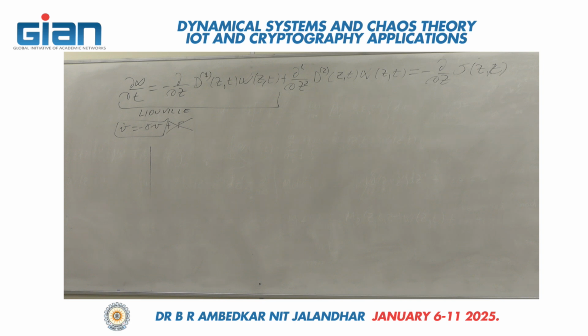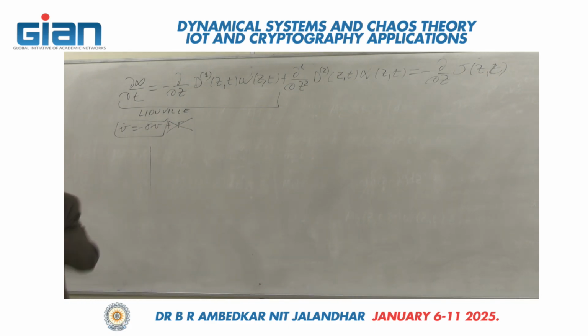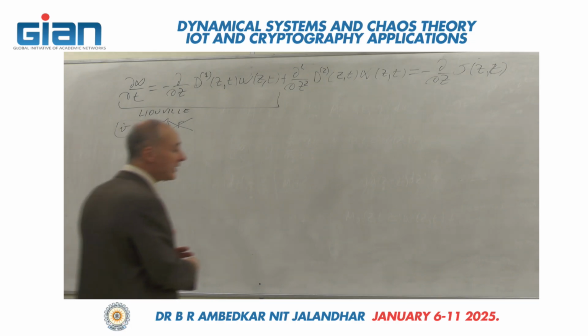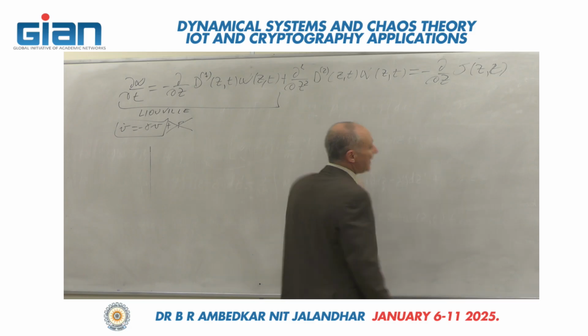And who decides how probability evolves? The Liouville equation. If you switch on a simple stochasticity, like many of you know, a Wiener process, then you have an extra diffusion term.